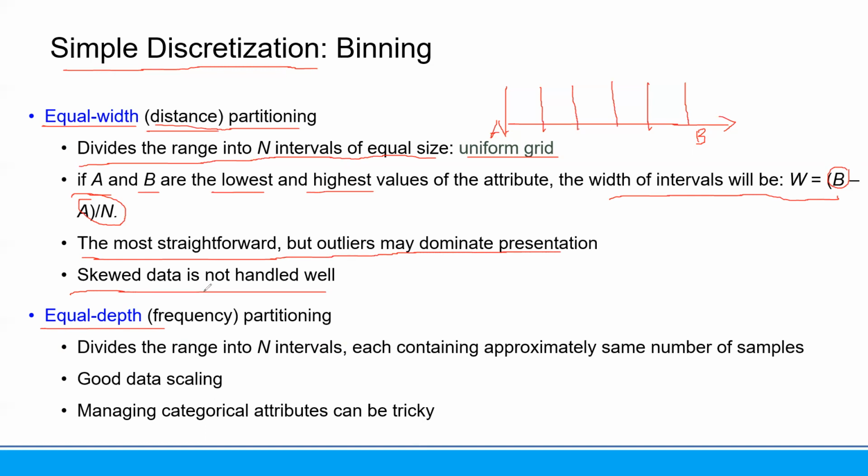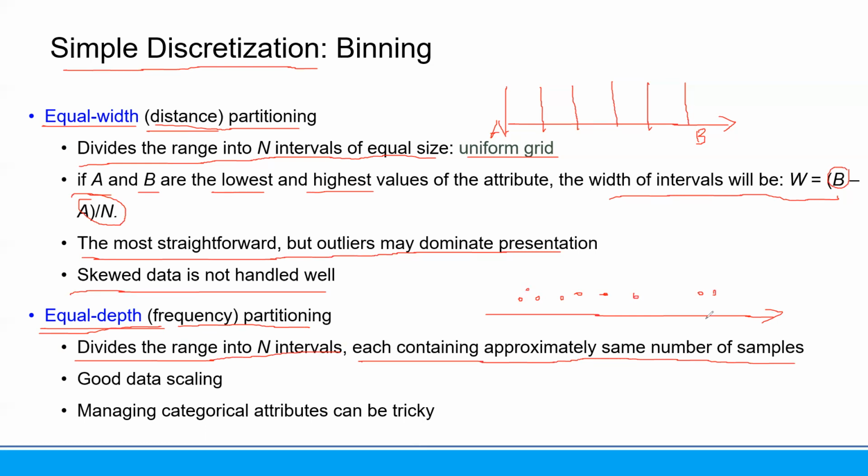Therefore, there is another approach. We call it equal depth or equal frequency partitioning. We divide the range into N intervals, each containing approximately the same number of samples. So if I have this data, I need to check how many samples there are.